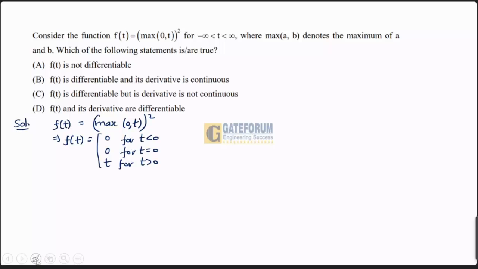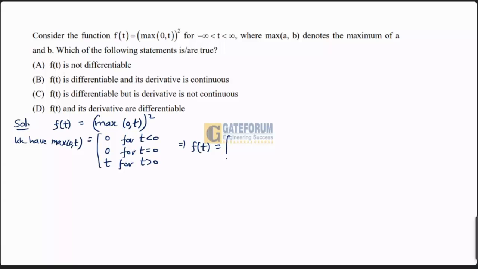This first function is the maximum of 0 comma t. So f of t is equal to the square of the function maximum of 0 comma t.